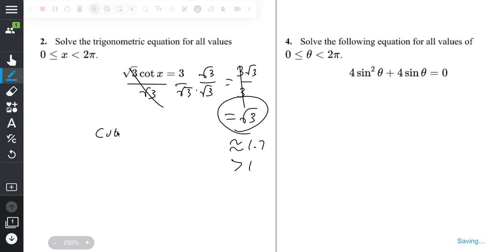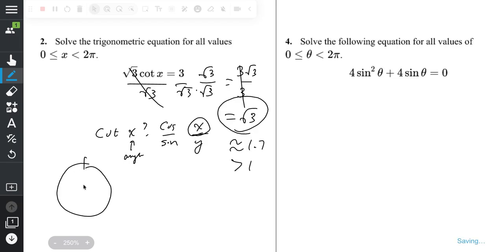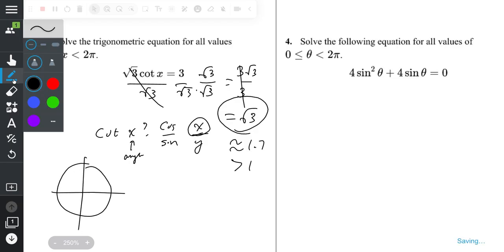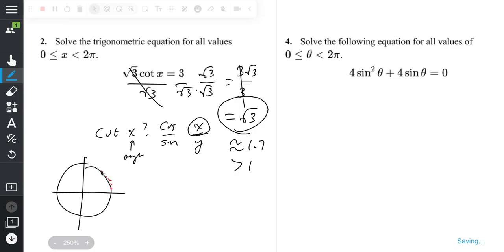Now, what is cotan x? Okay, again, this is the angle, not the x coordinate, but cotan is defined as cosine over sine, or x coordinate over y. So this has got to be the bigger one. Okay, so let's look on the circle and see where that is the case. Where is x bigger than y and has this ratio?